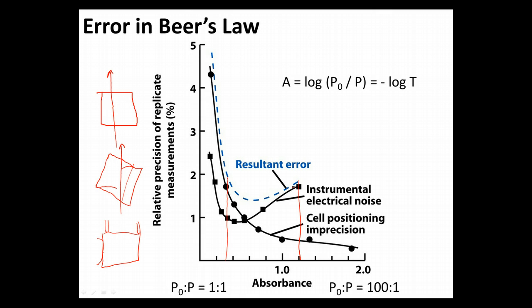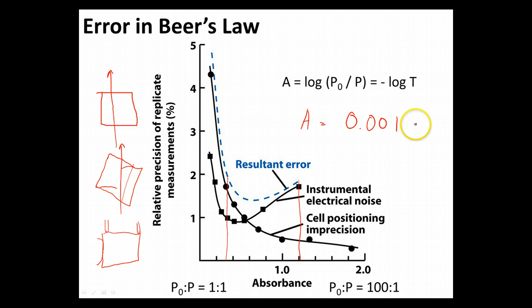I also want to emphasize this is for routine work, and this is probably on a fairly inexpensive spectrometer. If you work on a more expensive spectrometer and you take great experimental care, and it's something you care about a lot, you can get good quality results even at lower absorbance ranges. But one thing you'll find if you're using a decent quality spectrometer is that it's pretty rare that they display more than this value in terms of absorbance.